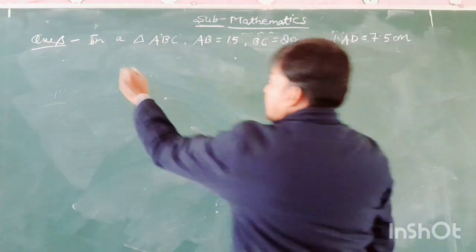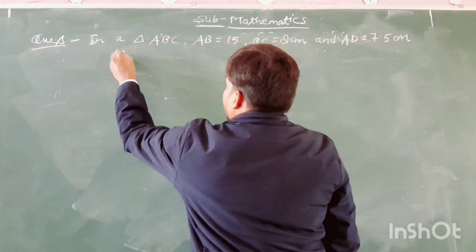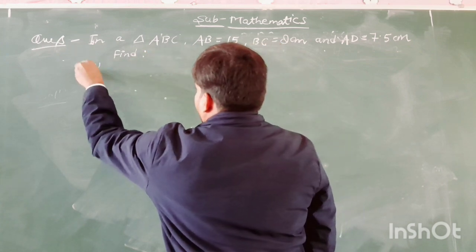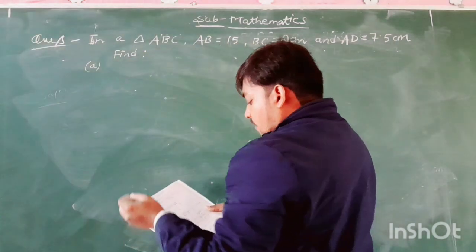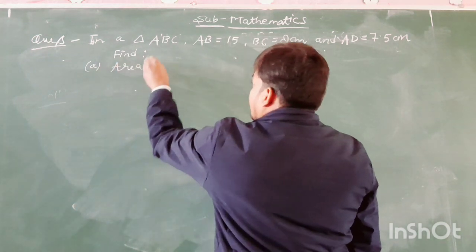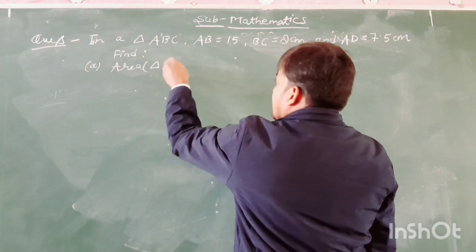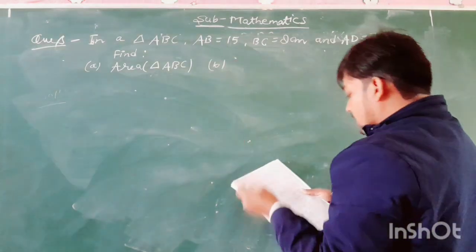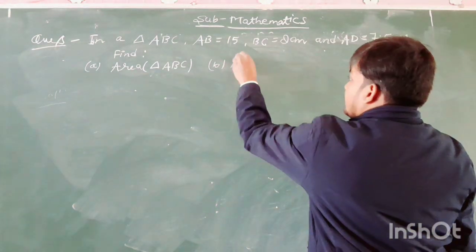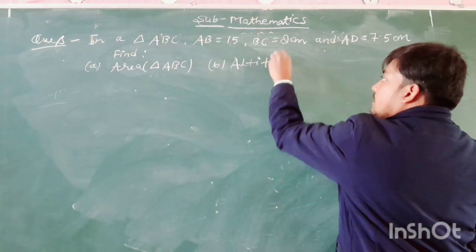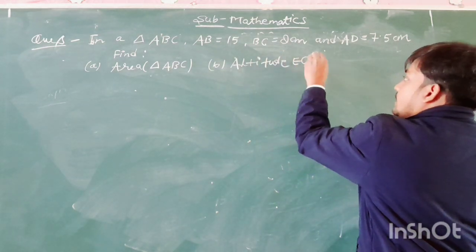Then we have to find first the area of triangle ABC, and second its altitude EC.